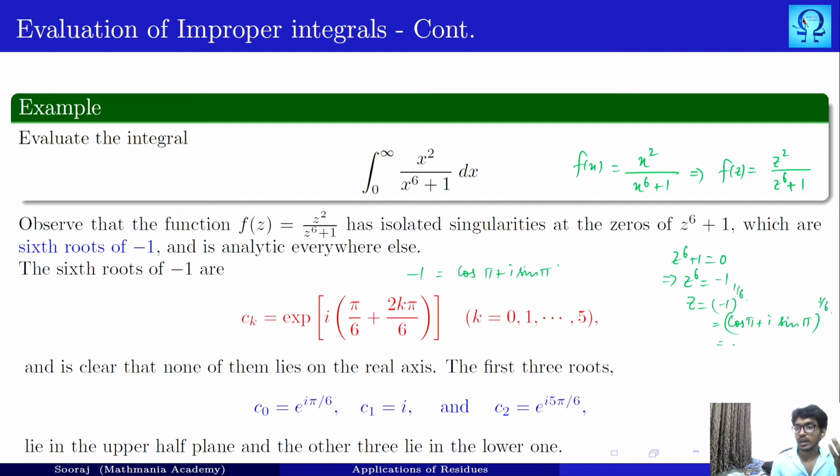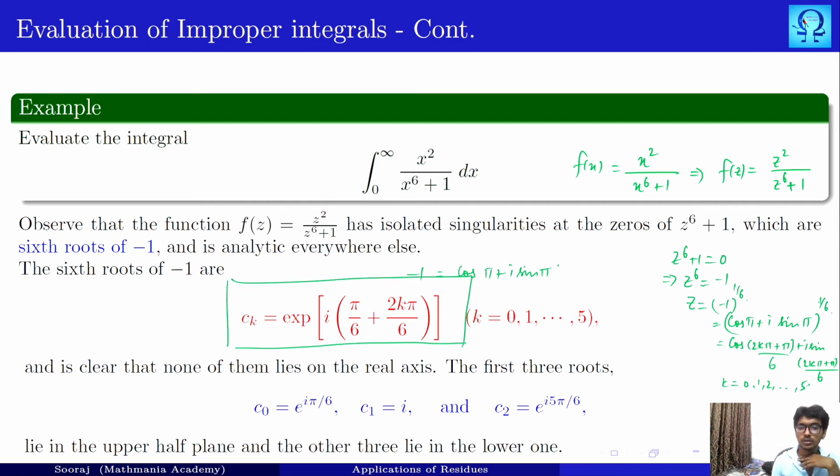So we can write this with 2k pi plus pi, in cosine and i sin, and we take this 6 here, where k runs from 0 to 5. When you give those values and put that in exponential form, you are going to have this one.